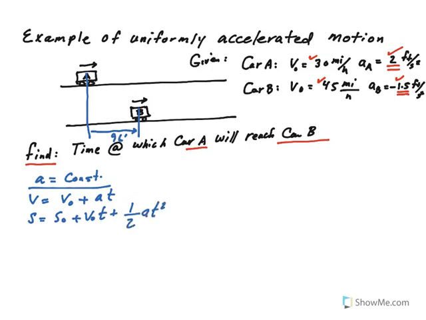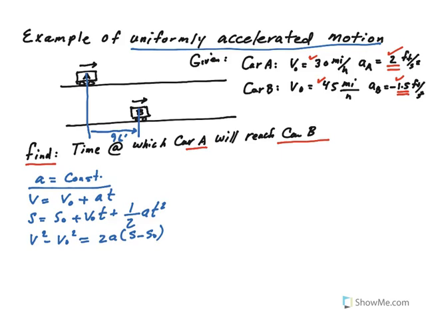Of course, this is only for constant acceleration or uniformly accelerated motion. And then there is also another useful equation, v squared minus v0 squared equals 2a(s minus s0). So which equation is going to apply to our case here?